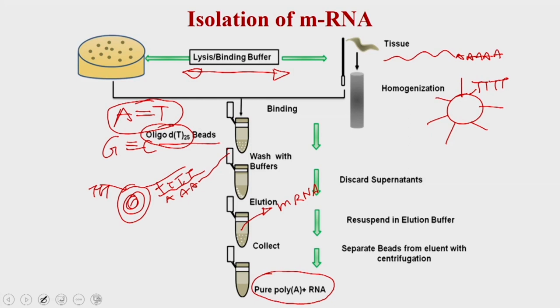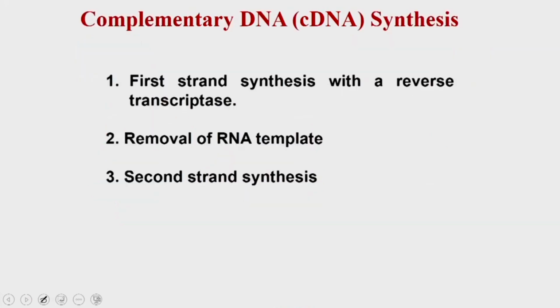In the second step, you have to generate the cDNA or the complementary DNA, which means you got the messenger RNA. Now, you have to generate the DNA, and this you have to do in 3 different steps.